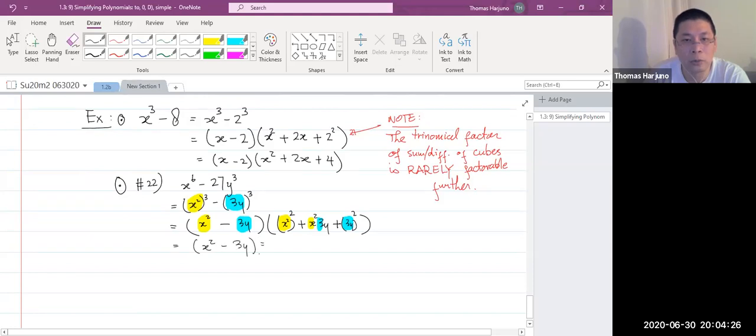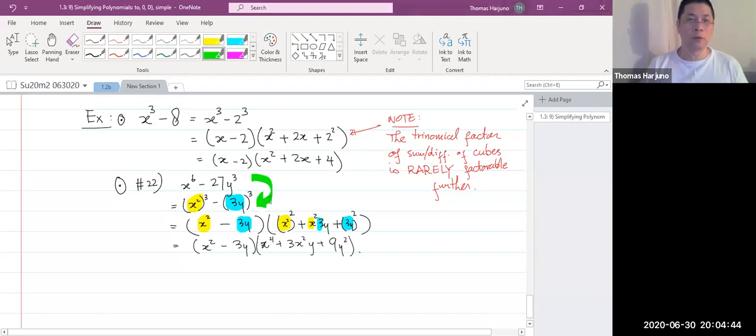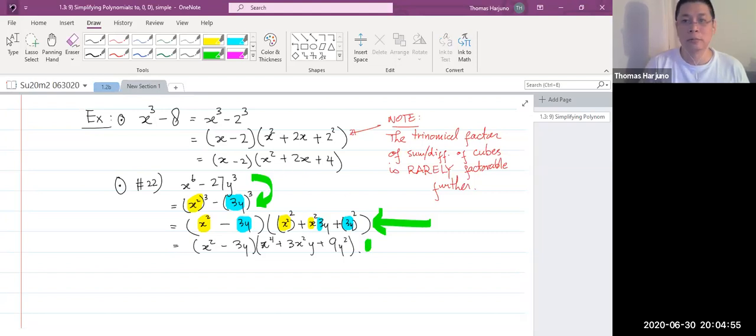So I get, oops, this is x to the 4th plus 3x squared y plus 9 squared. Okay, so what I did first here, I rewrite it into difference of cube first so that I know the basis. And then I follow the pattern of the factoring and then simplify further. Okay, now that's what I did there.